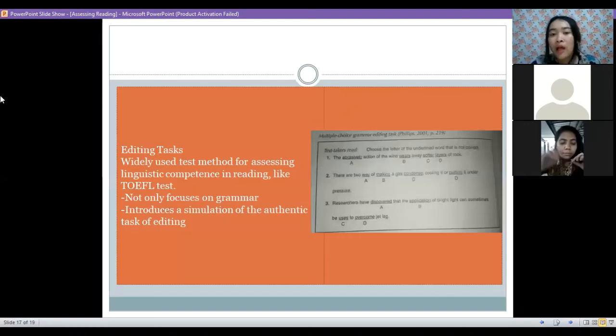For example, in the picture, you can see there are some sentences, and then the test takers should read, and after that, they should choose the letter of the underlined word that isn't correct. For example, number 1, the abrasively action of the wind wears away softer layers of rock. If the letter A is incorrect, they can choose A. Okay, next slide.